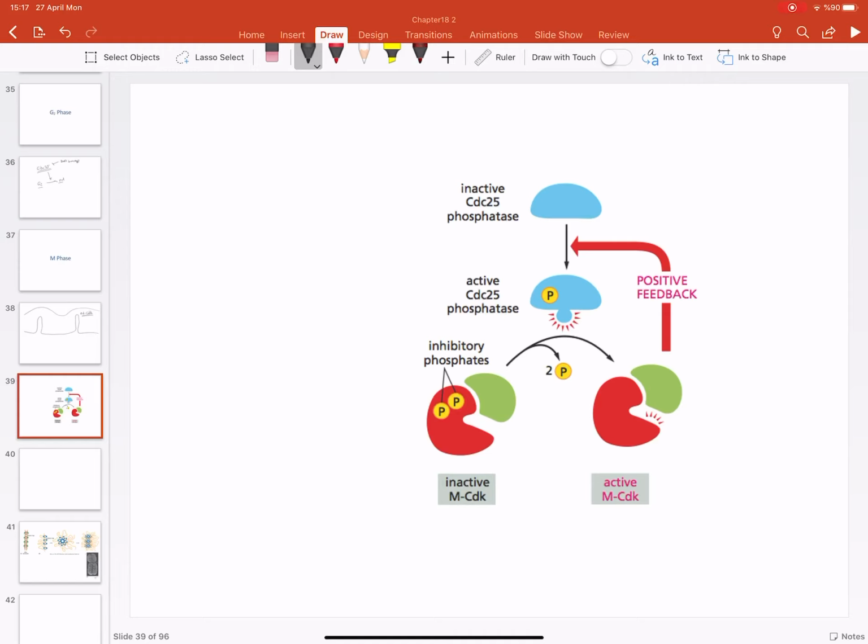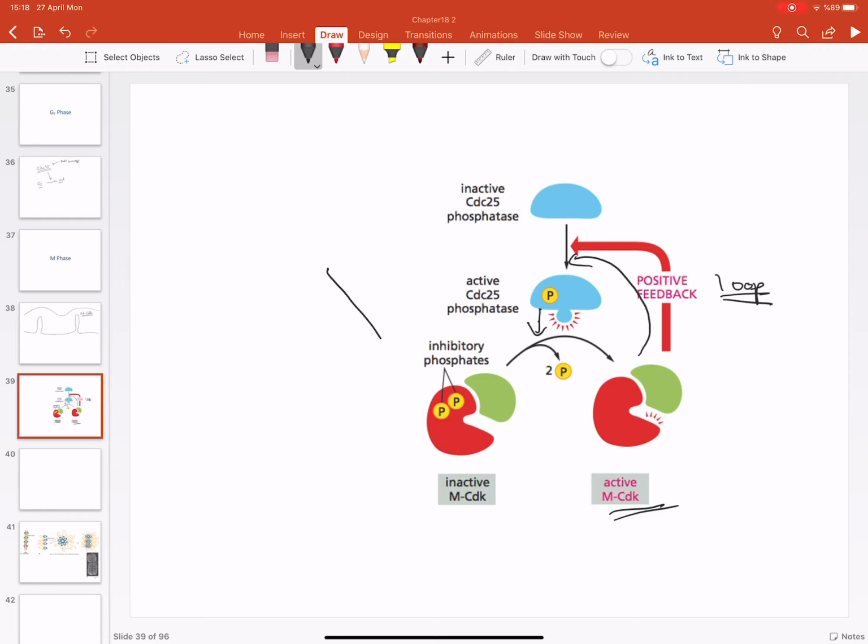So we know that the CDC25 activates the cyclin CDK complex, and in return, the cyclin CDK complex will activate more CDC25. This is a positive feedback loop. This is why, even if there is one single active cyclin CDK, it is going to amplify its number rapidly, and it's going to increase the number very fast.